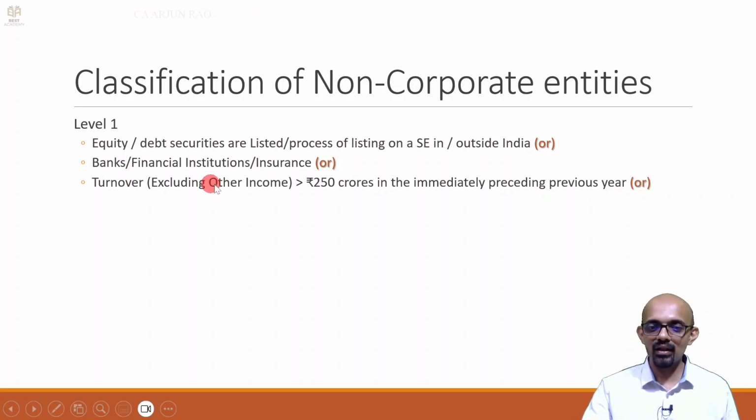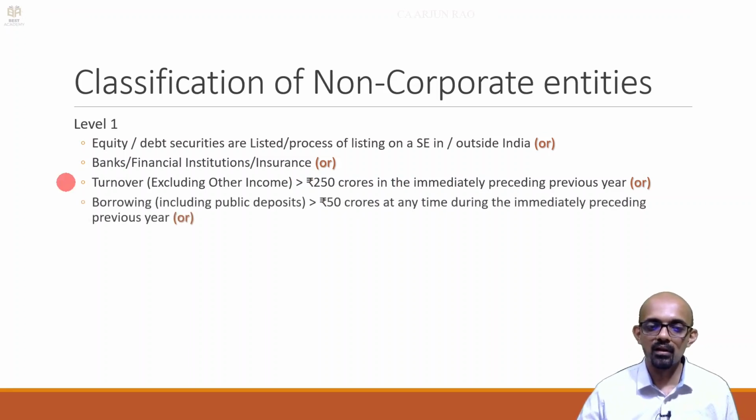This turnover should exclude other income. So in your schedule 3, you have revenue from operations, other income, right? So that other income should be excluded while calculating this 250 crores.